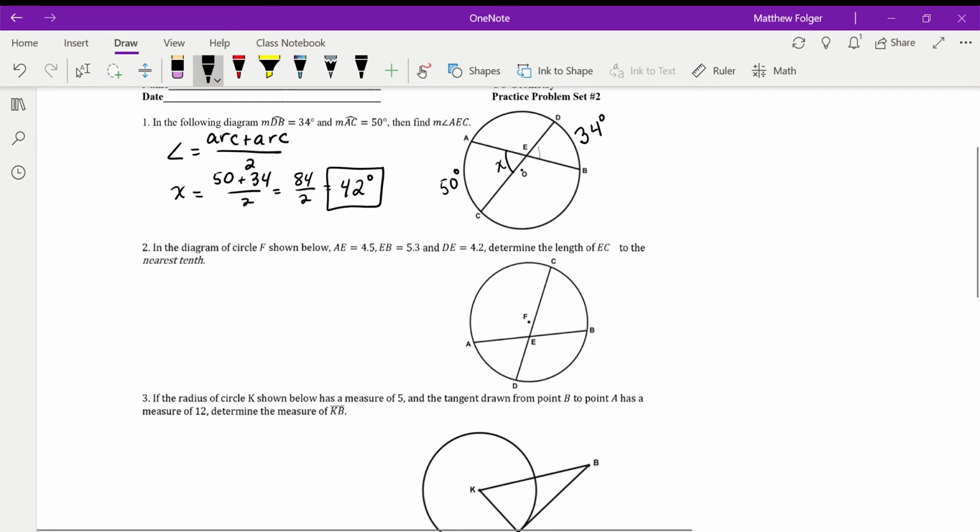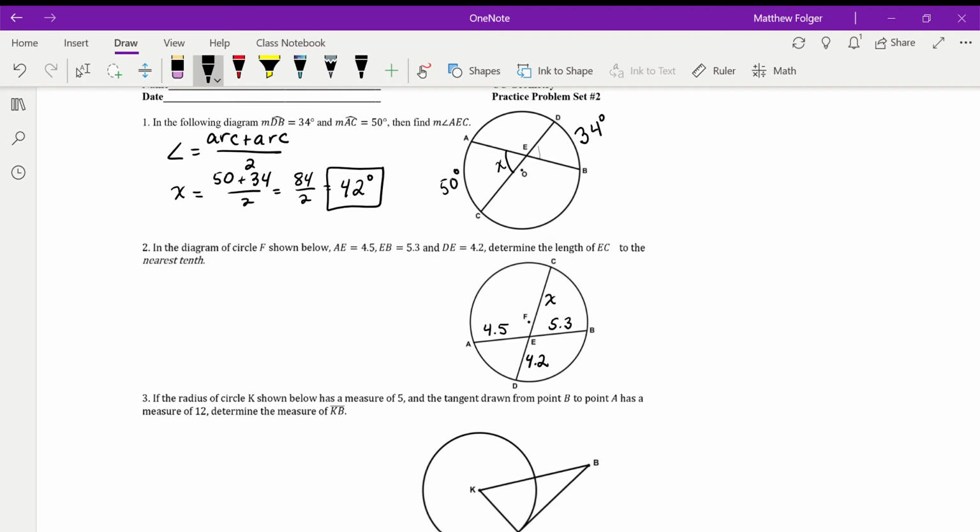Okay, number two, again, we have two intersecting chords, but this time we're not talking about angles and arcs, we're talking about the actual lines. So let's label what we have. We have 4.5 for AE, we have 5.3 for EB, 4.2 for DE, and it says determine the length of EC.